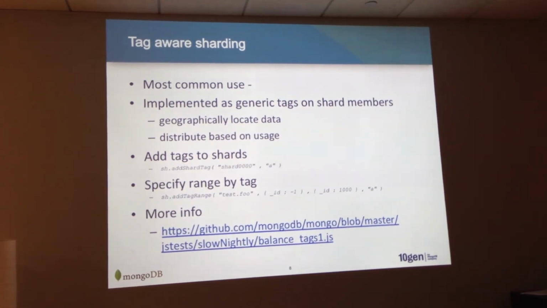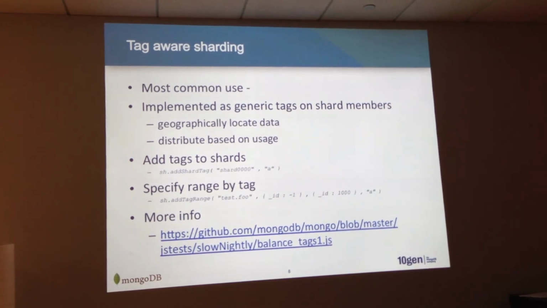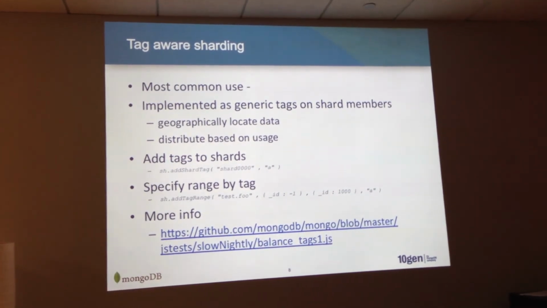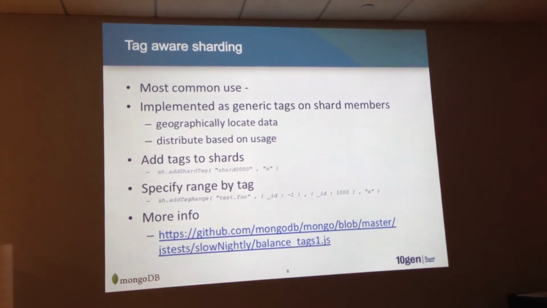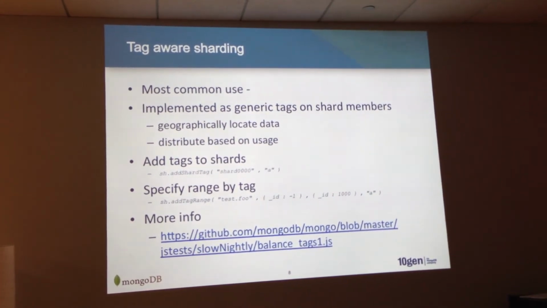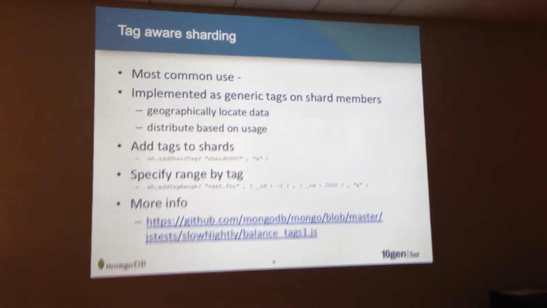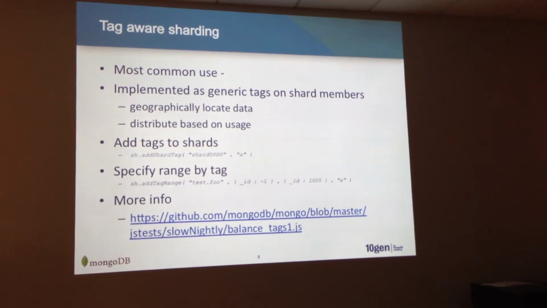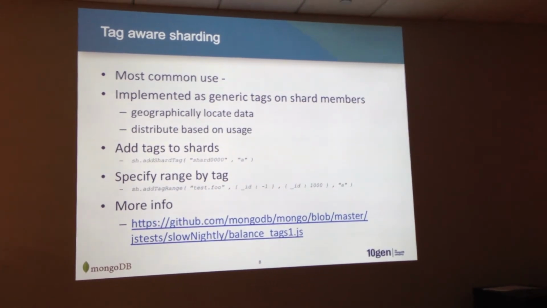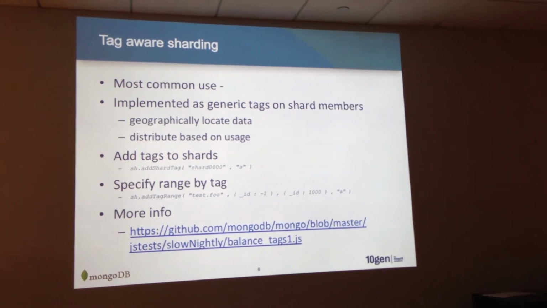So you can say those shards are East Coast, or those shards are SSD fast drives. Those shards are archival. And then you can specify a range within your shard key and apply a tag to it. So here, specify a range by tag. So then, for that range, you want to tag A.